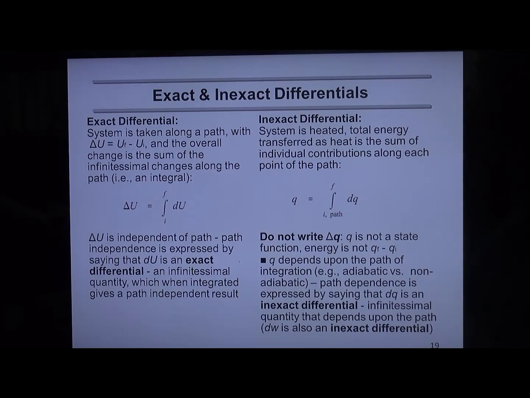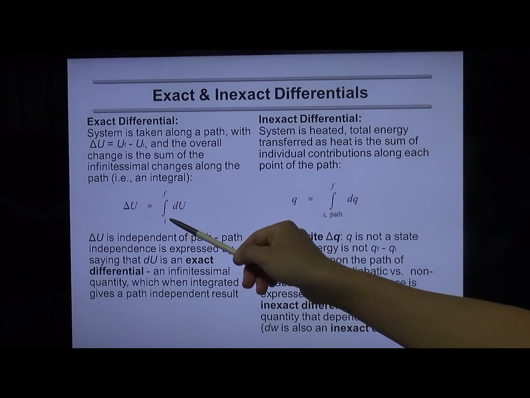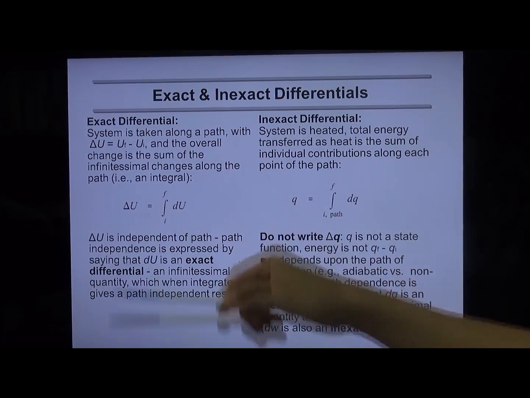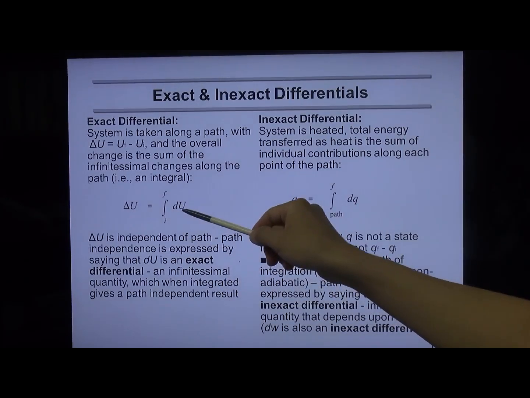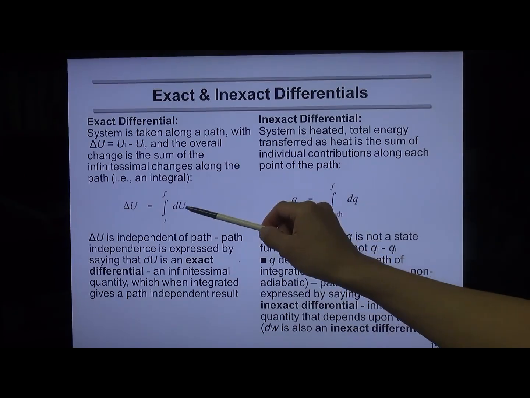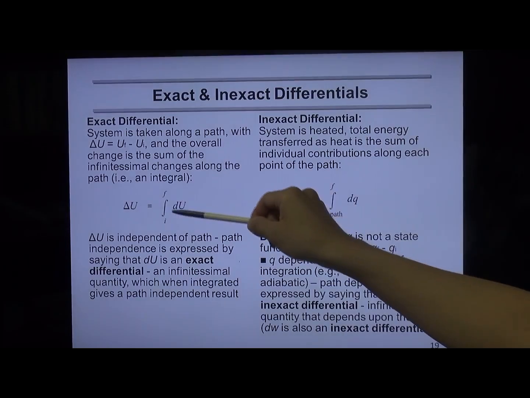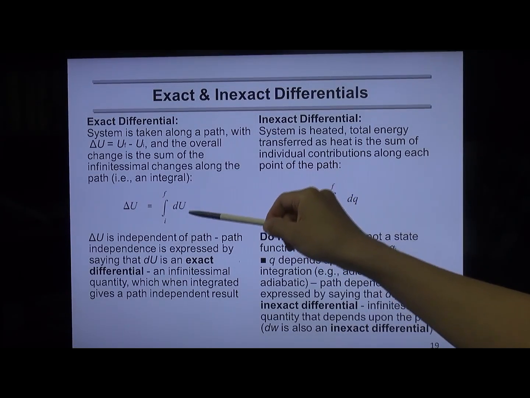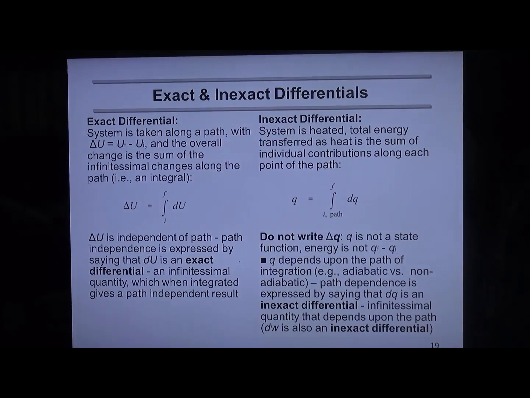Similarly, if you use the expressions of differential, delta U can be expressed as the integral from initial to final state of dU, the integration of differential. So this differential form of state function, dU or dH, is called an exact differential.